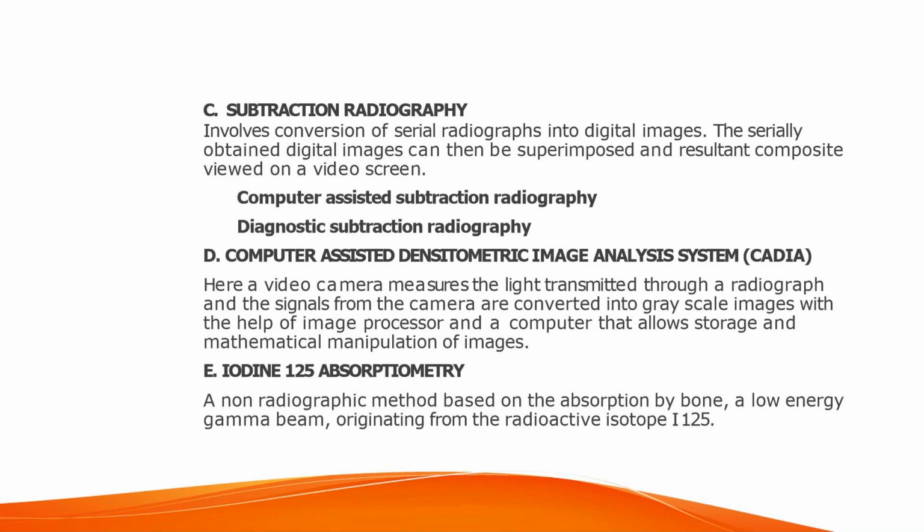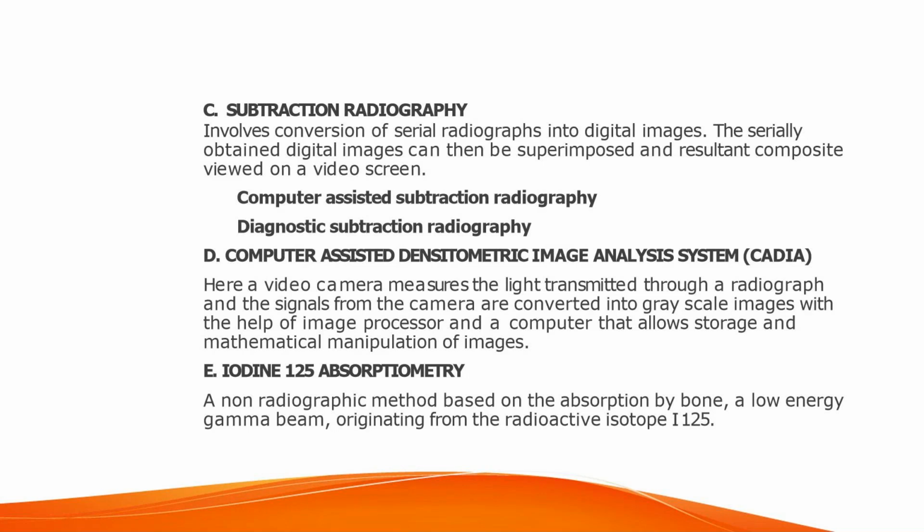An example of it, commercially available, would be computer assisted subtraction radiography or diagnostic subtraction radiography. Then computer assisted densitometric image analysis system, that is CADIA. Here a video camera measures the light that is transmitted through a radiograph.